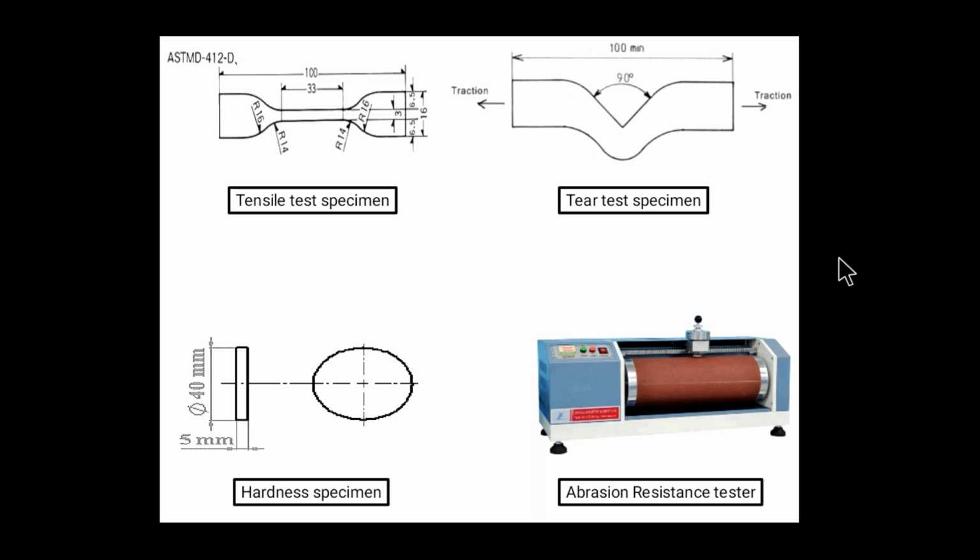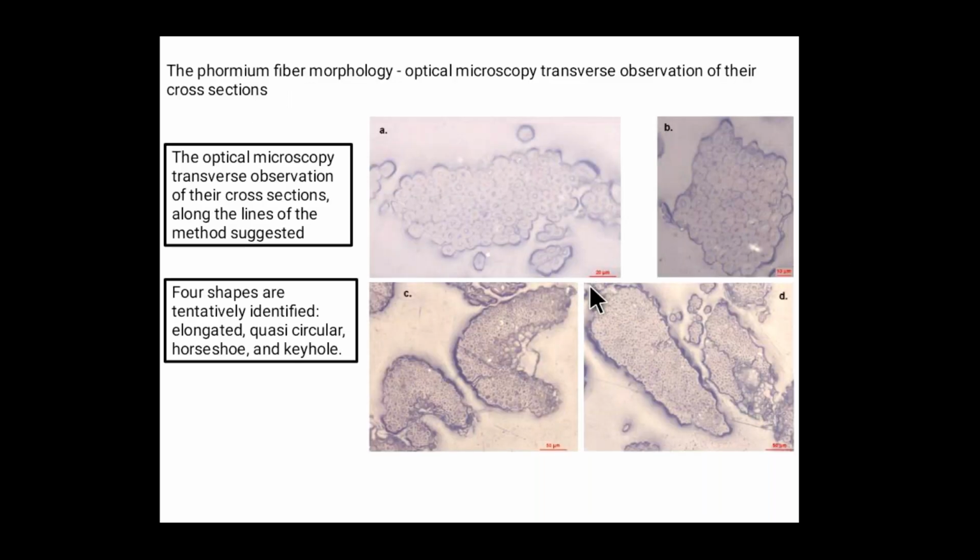So already I told you about the optical microscopy and the morphology; I said that I will show it in a future slide. So this is the chromium 10x morphology. The optical microscopy transfers observation of the cross section.